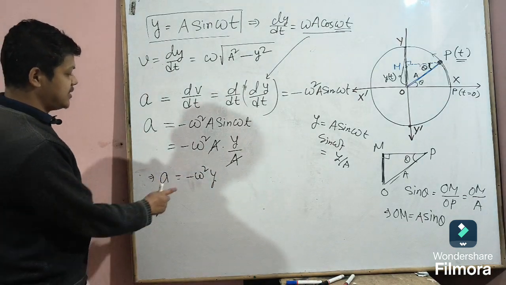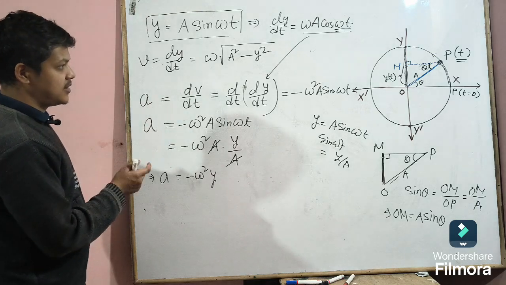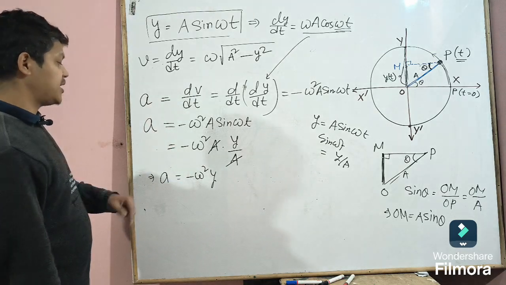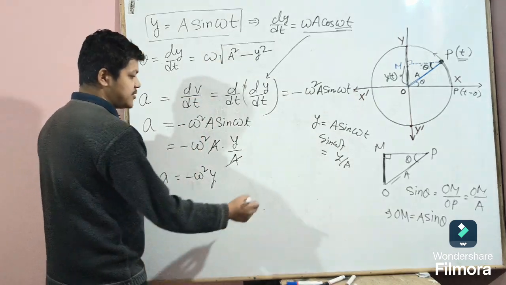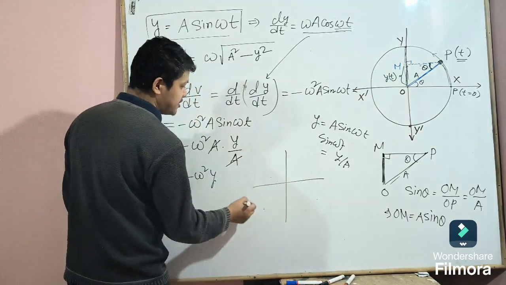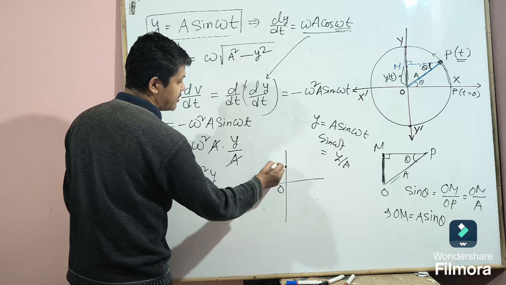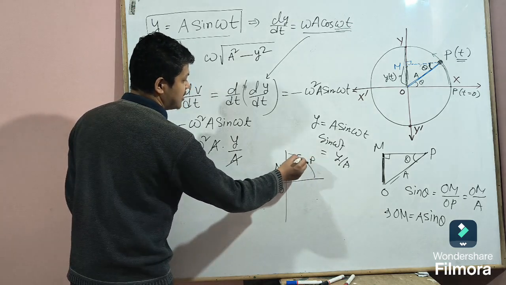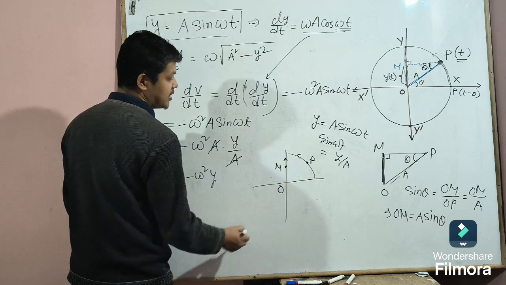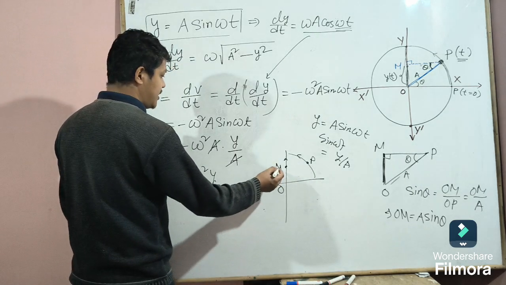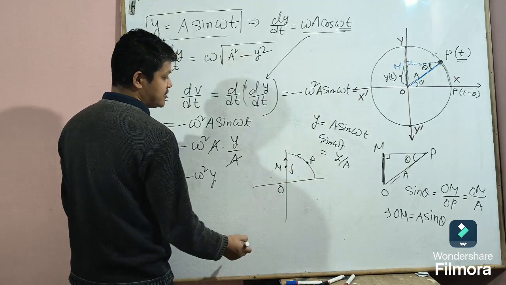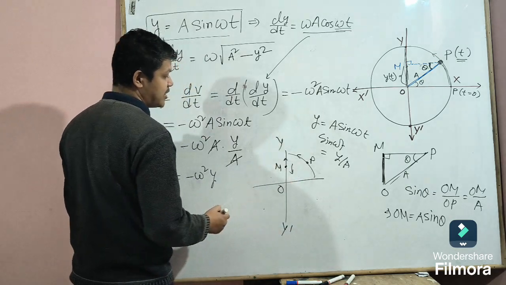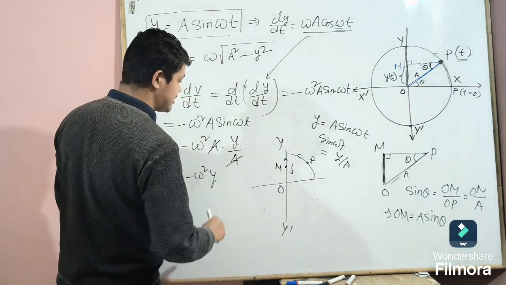So now you see, this negative sign represents that this acceleration is towards the mean position, that means the origin. Here you see, this is the origin, this point M. When the point P is moving this way, this M is going up like this, and the acceleration is towards this direction. This is y dash, which is the negative direction, this is the positive direction, positive y-axis, negative y-axis.